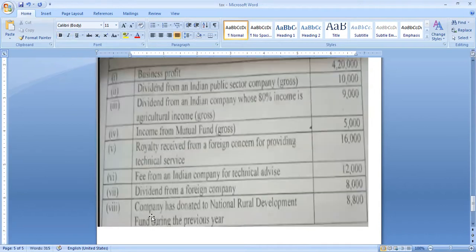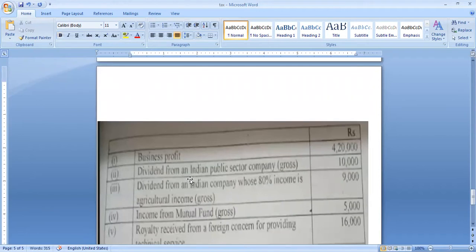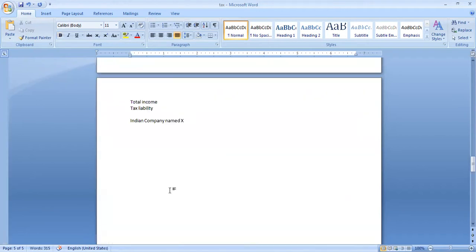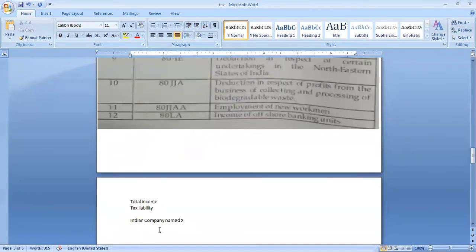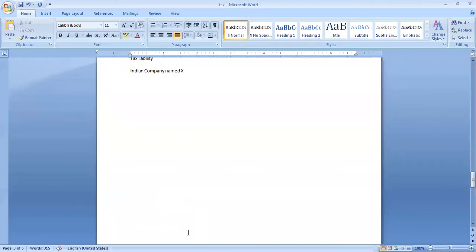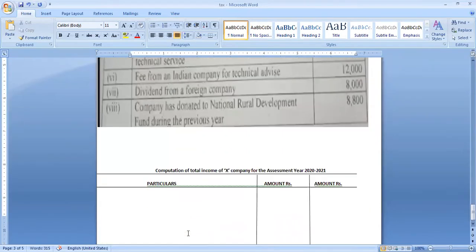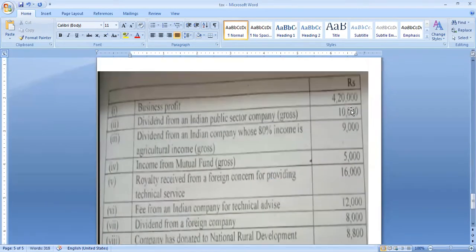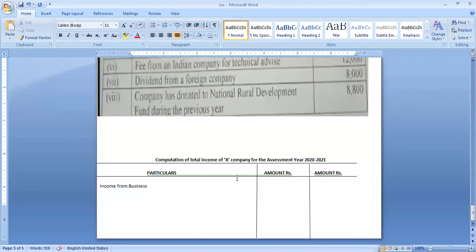Now the first income is, you can see, business profit. I already told you, except income from salary, all incomes are going to be there for a corporate assessee. So this is income from business. You mention it as income from business. If you see the problem, 4,20,000 is given. That 4,20,000 you have to note down.